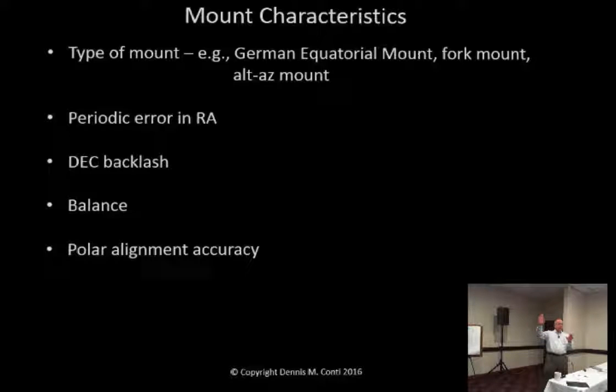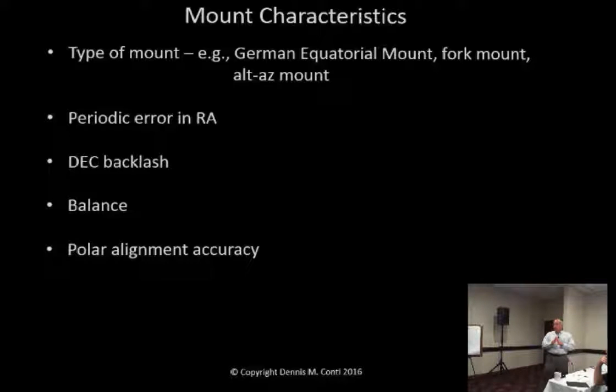But because of atmospheric seeing, the star may also wander in declination. If we're not compensating for that, and we're trying to do that either in software or otherwise, and there's a lot of backlash, there's going to be a delay before the compensation takes place. So minimizing backlash, again, has the effect of keeping that star as tight as possible on the detector. And backlash can be compensated in a number of different ways, either software or just fine-tuning your mount.